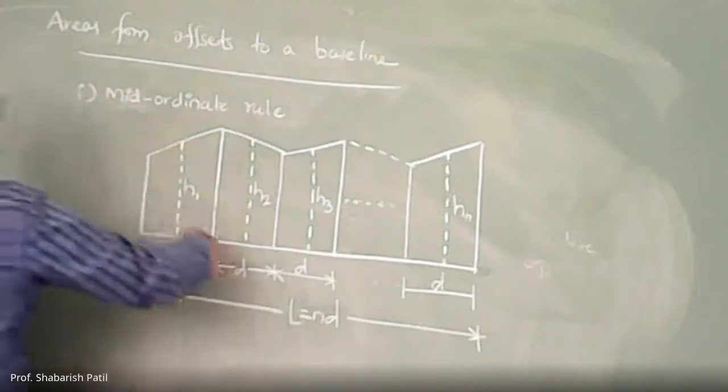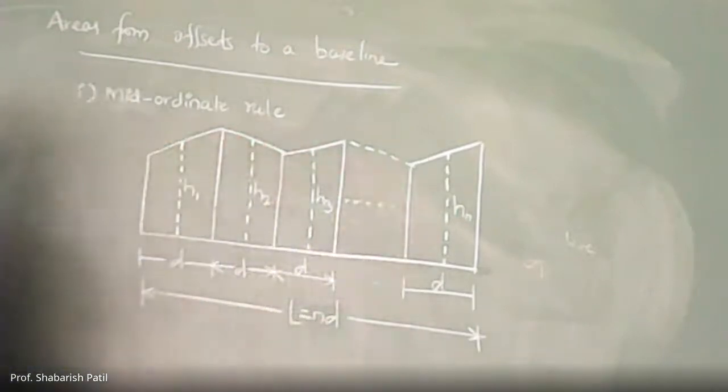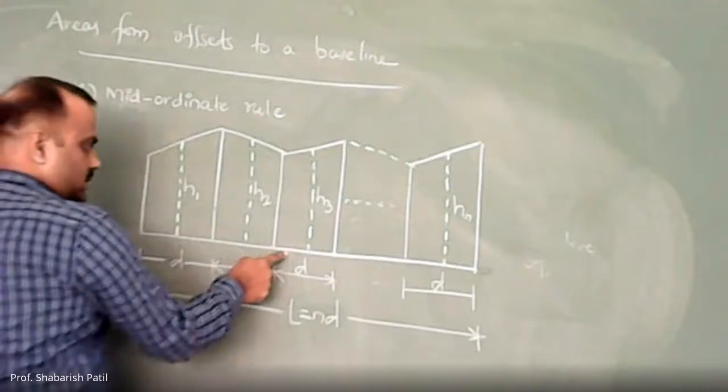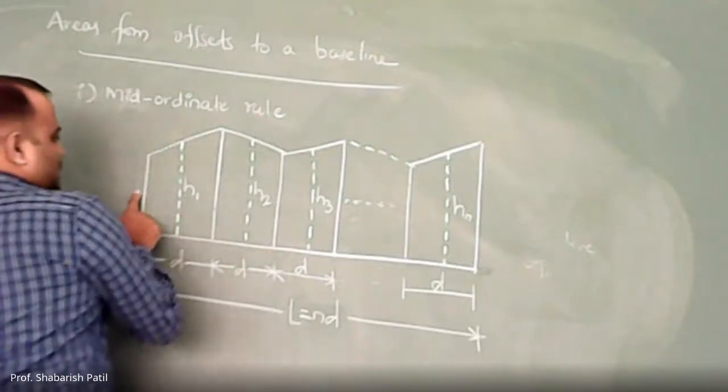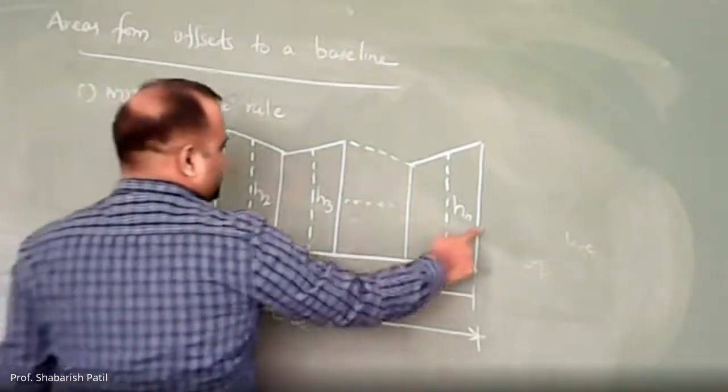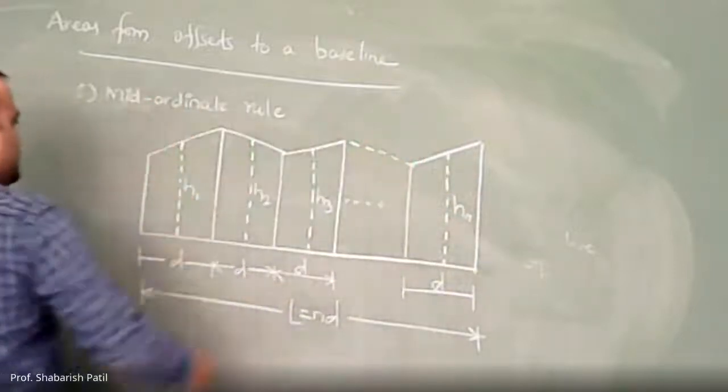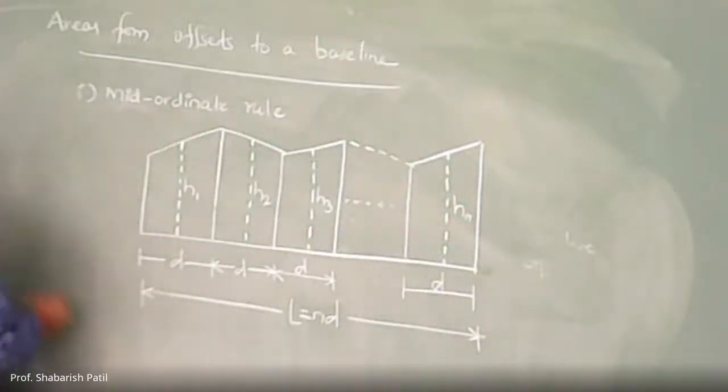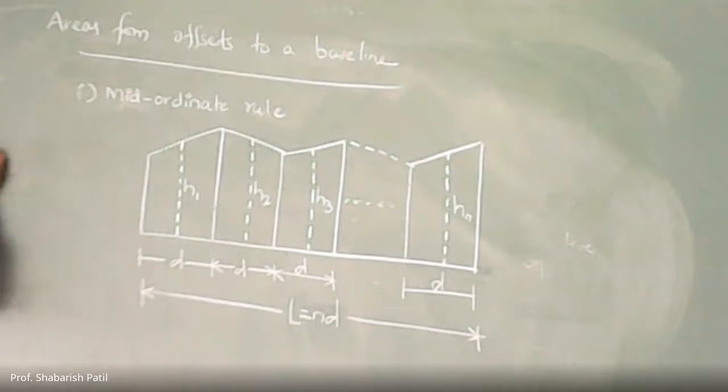Here, your total area is covered between the baseline, the first offset, second offset, and the boundaries. Can you see this portion of the board?